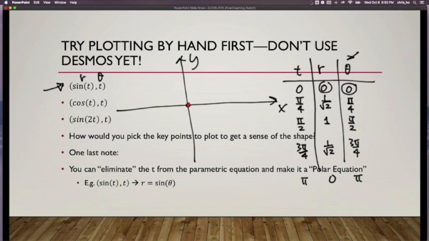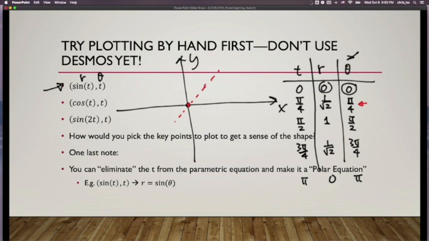Now theta is going to turn to the next point, pi over 4, which is 45 degrees. So this is my theta. But what is my r? 1 over root 2. Root 2 is roughly 1.4, so 1 divided by 1.4, I don't know, maybe like 0.7-ish. Okay, less than 1.